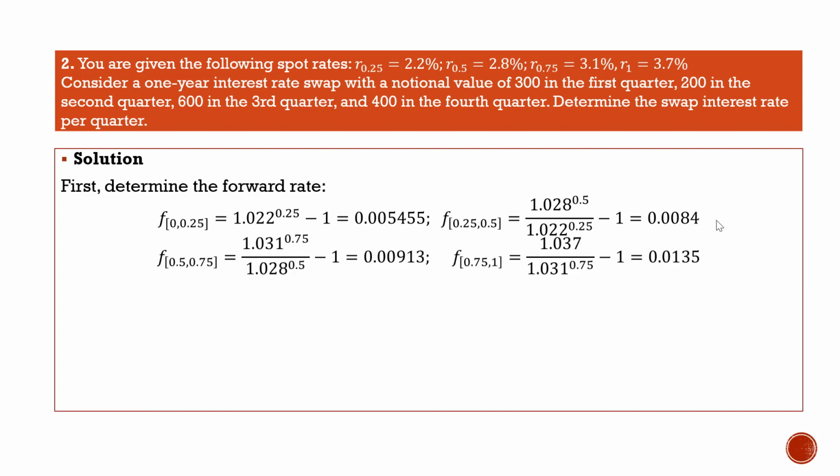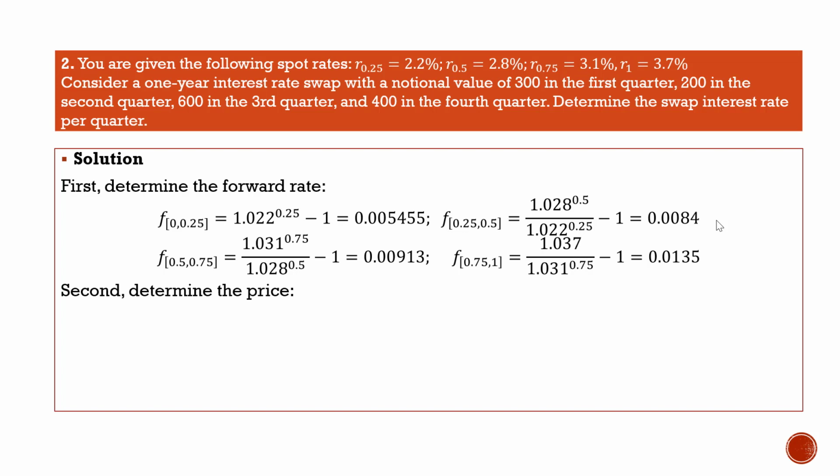F from 0.5 to 0.75 is 1.031 to the 0.75 over 1.028 to the 0.5 minus 1, which is 0.00913. F from 0.75 to 1 is 1.037 over 1.031 to the 0.75 minus 1, which is 0.0135.